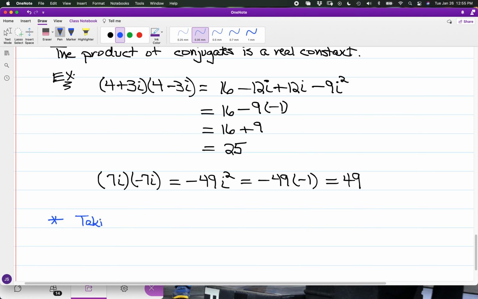And again, taking conjugates of the denominator. Here for 2 over 3 plus i, the denominator is 3 plus i. So the conjugate of 3 plus i is going to be 3 minus i.